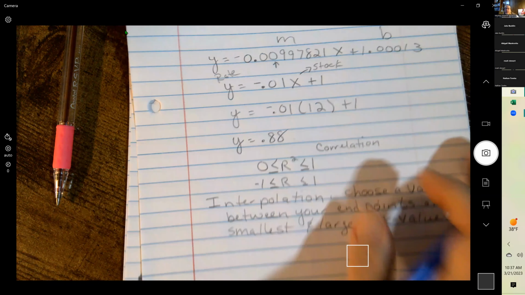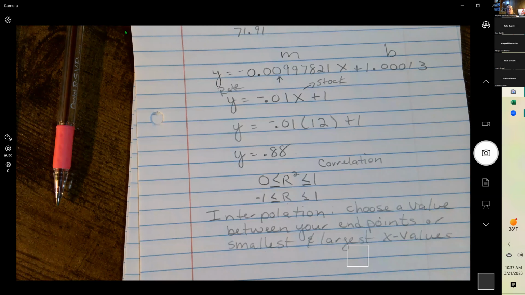So interpolation is when you're choosing a value between your endpoints, your smallest and your largest X value. And according to this one, our R squared was 0.999. It's going to be pretty accurate. So strong relationship. Extrapolation, you're not sure how accurate it's going to be because it's outside of the values you plugged in.